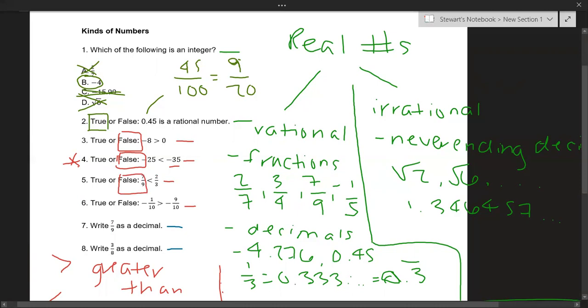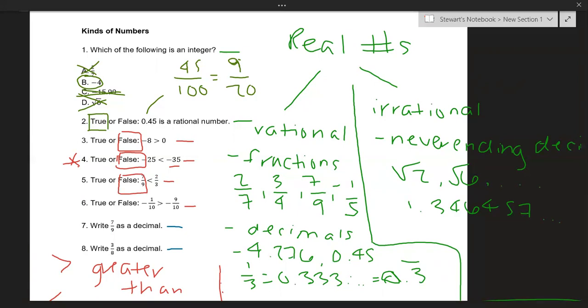Okay, and then moving along, the next one, we have that -1/10 is greater than -9/10. What's nice for us here is that these already have common denominators, so you don't have to worry about finding one.